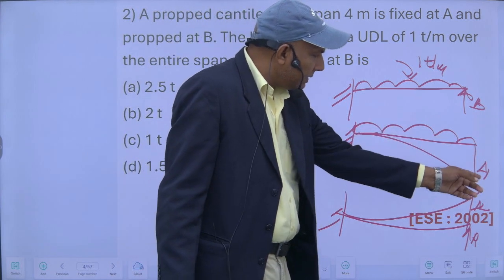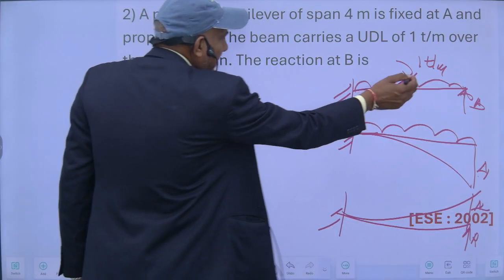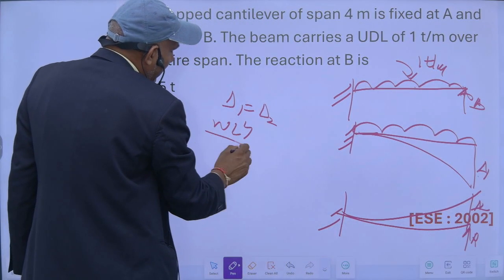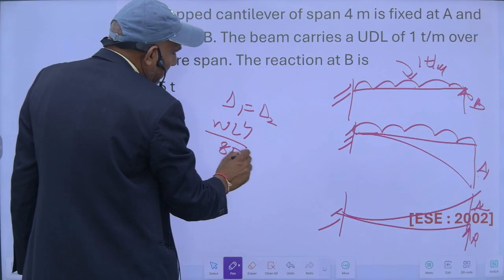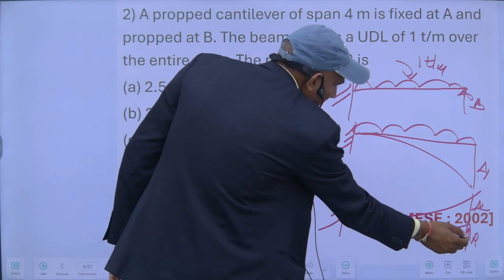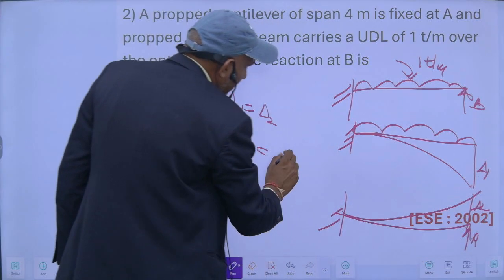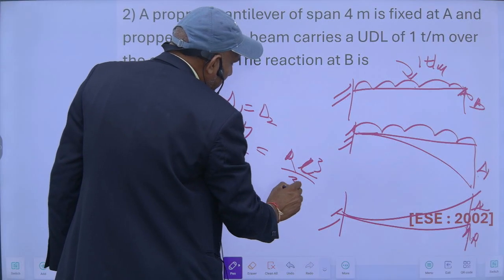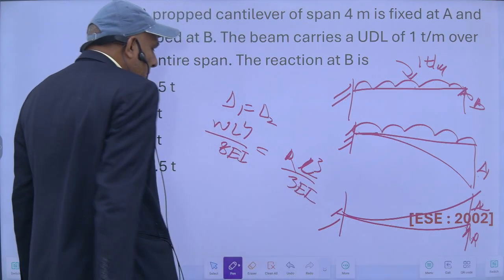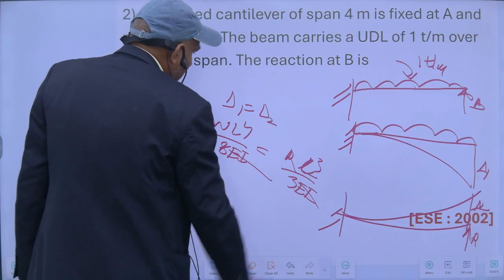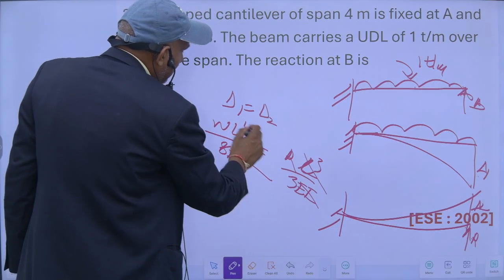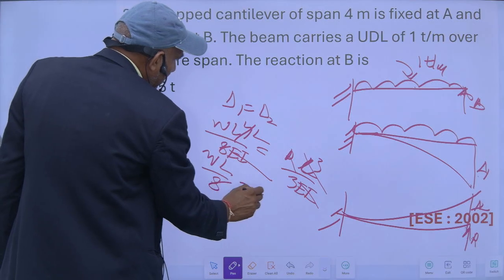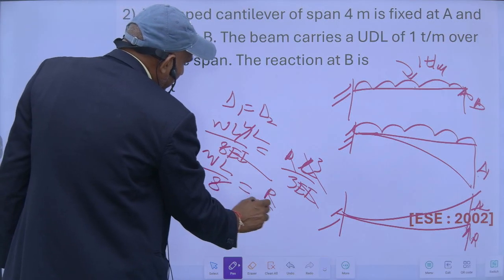This deflection delta 1 is equal to WL to the power 4 upon 8EI, this is the formula, and because of this point load, it will be RL cube upon 3EI. This is the formula. Now EI and EI will cancel, and L cube, so it will be WL upon 8 equals R by 3.